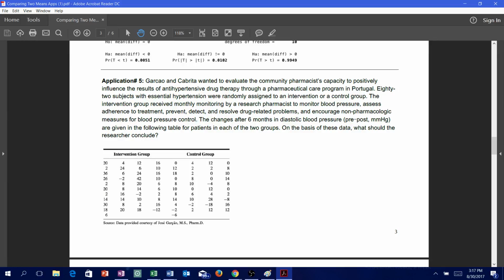Mm-hmm. That's a really bad chart. Alpha. One number 5. Like, they need to divide them.